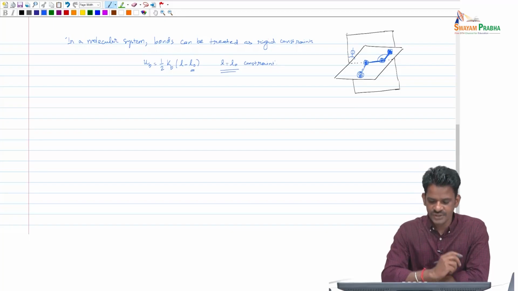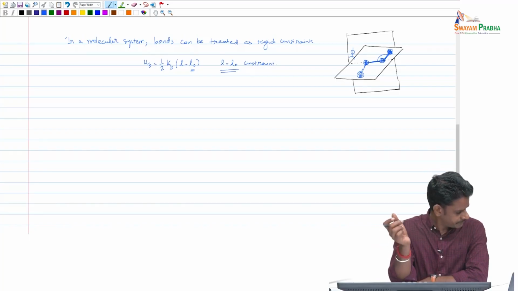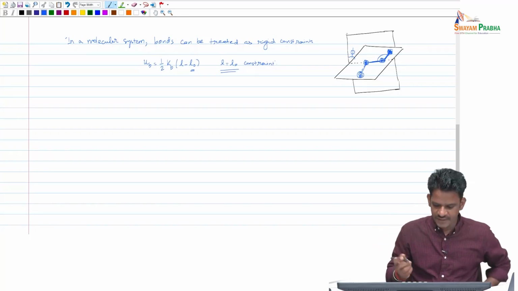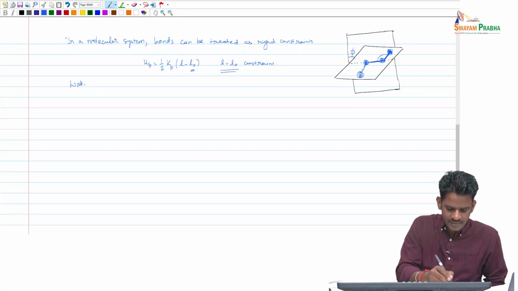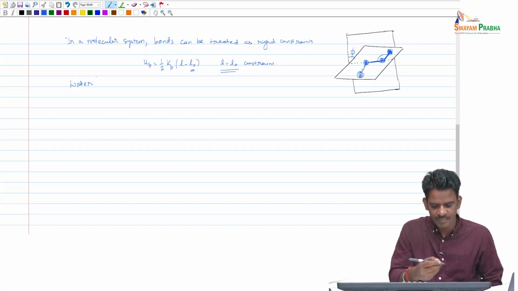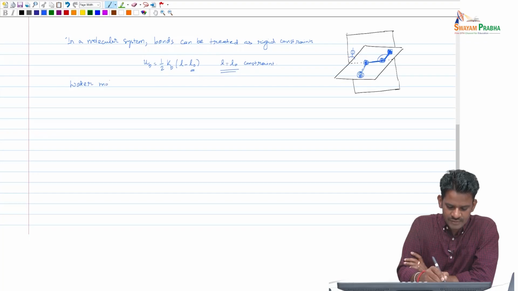Now, when you impose this constraint, we have to see how to do MD simulations with such constraints. I can demonstrate the application of constraint dynamics using water as an example. So, we will consider a water molecule, with oxygen and hydrogen.